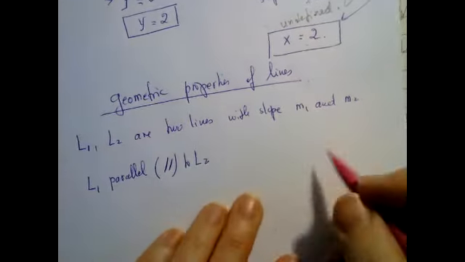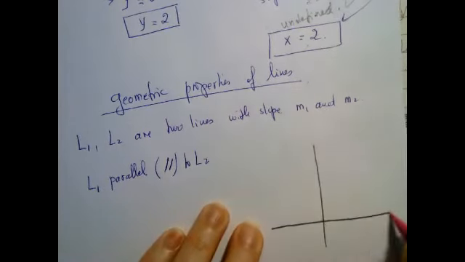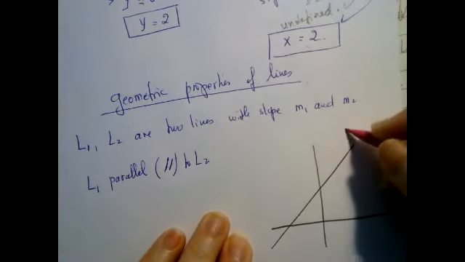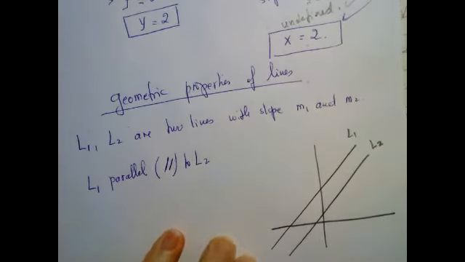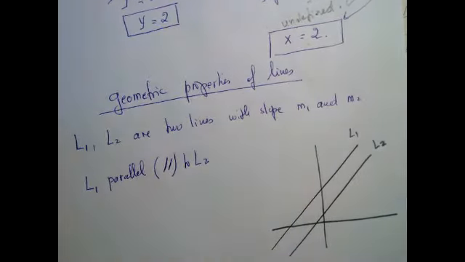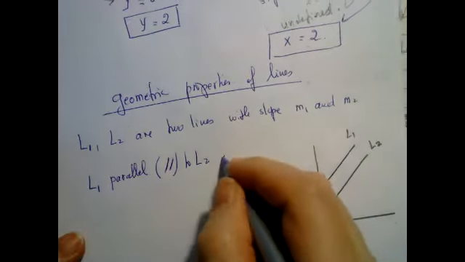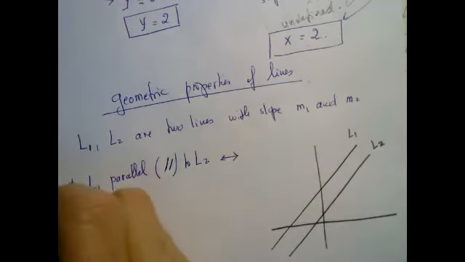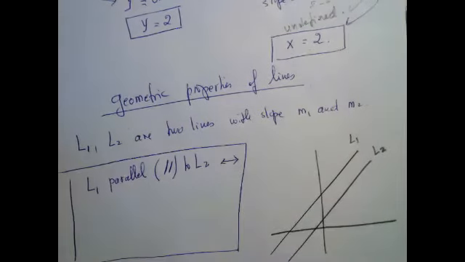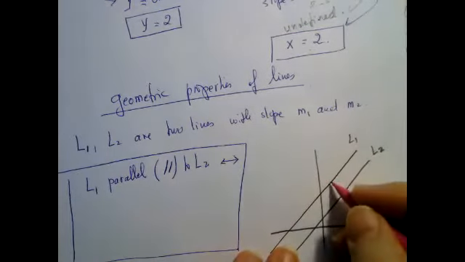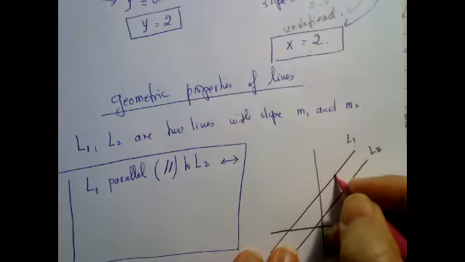So remember what parallel is. So this is L1, and this is L2. They are parallel to each other. Then what can we say about their slope? The same. Absolutely the same. And this is easy because there is the same rise.